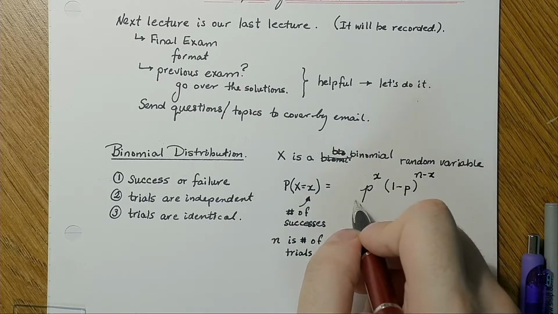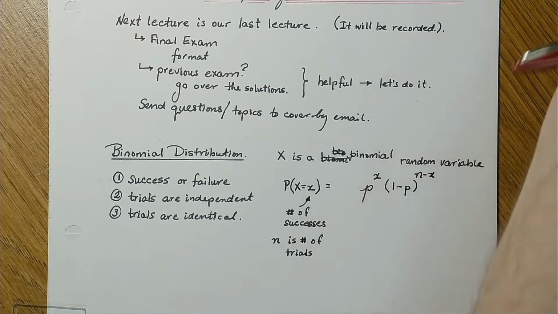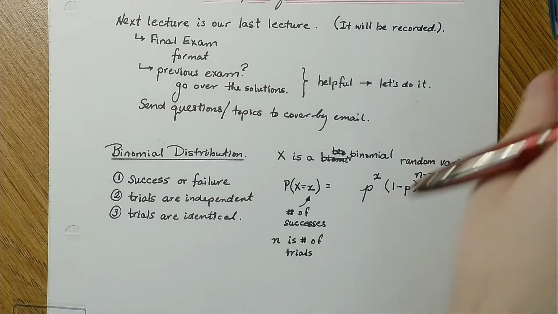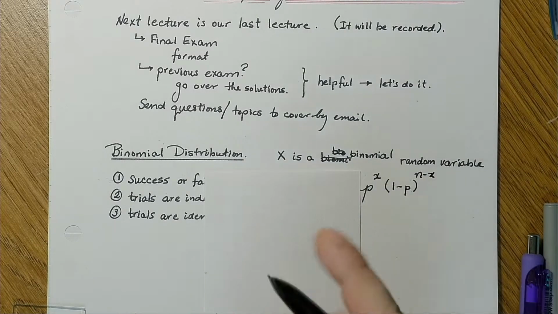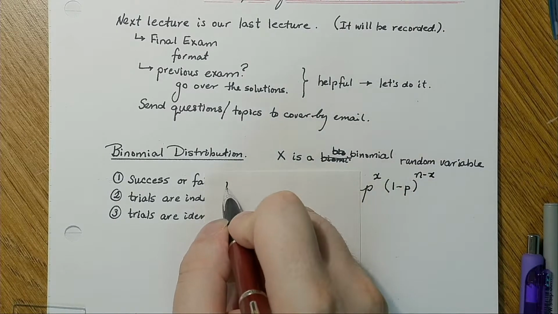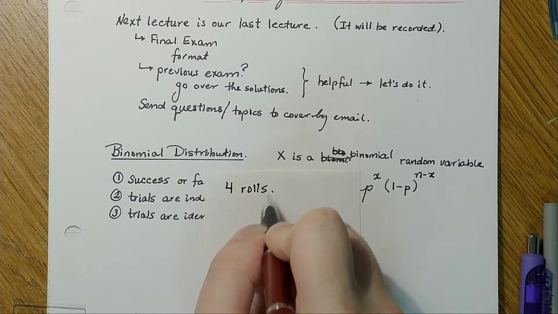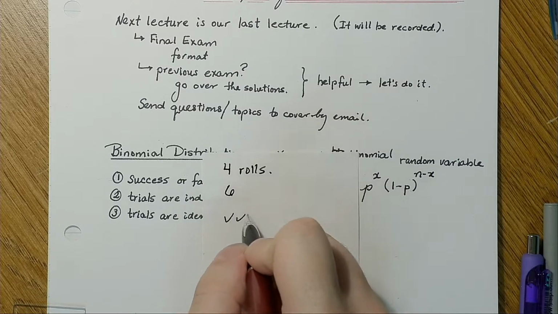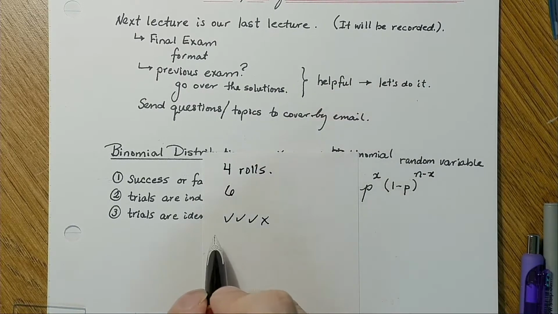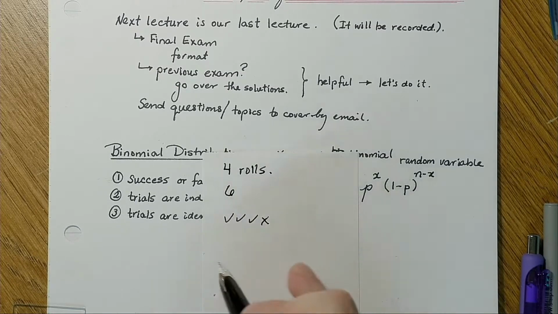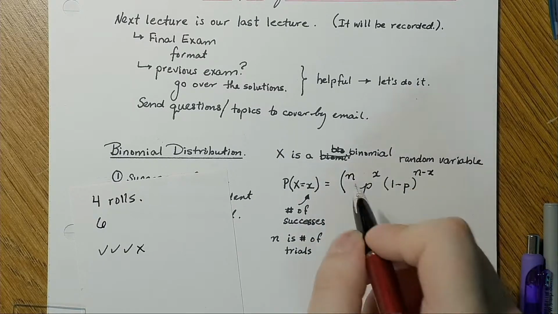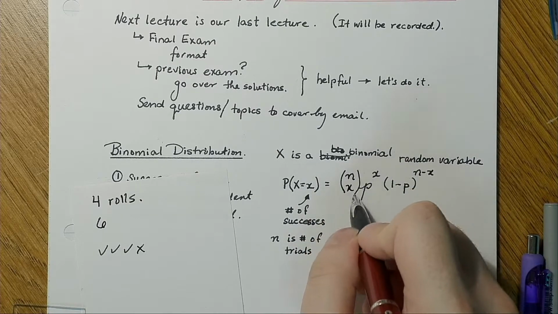And again, we could have arrangements like we had when we were rolling 4 rolls of a die, and a 6 was considered a success. Well, we could have 3 of them, but we also have the arrangements of it, right? So how many combinations are there for that? You have n trials, and you're going to pick x of them.